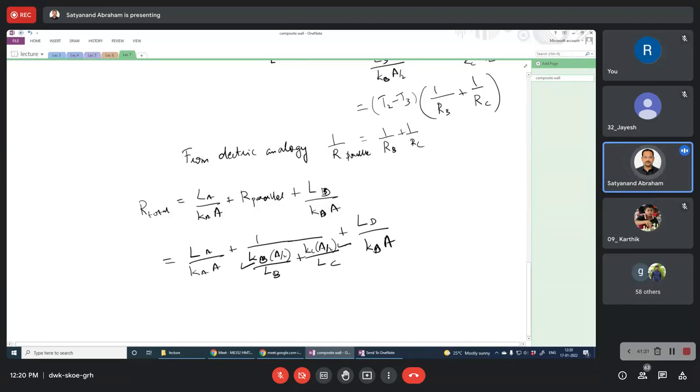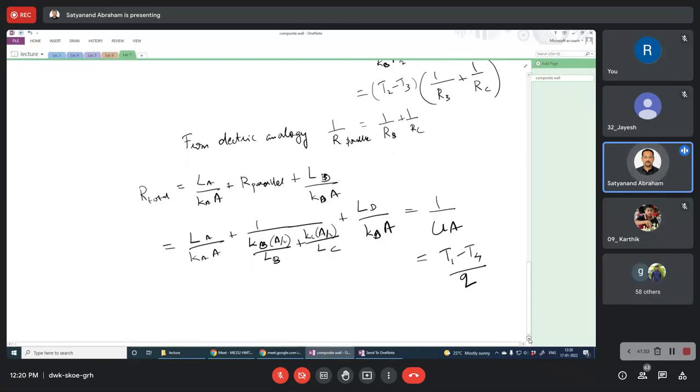This is how we write it. This is equal to 1 by UA. Also, this is equal to T1 minus T4 divided by Q. So in different ways we can write it.